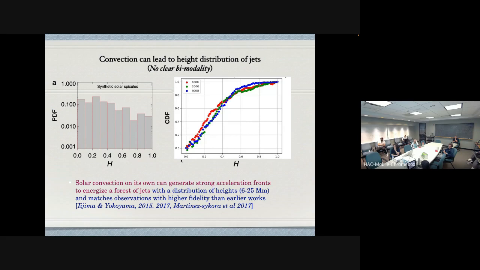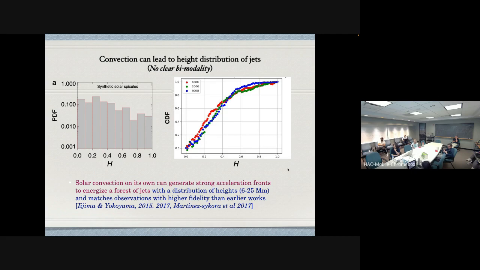And then we plot a cumulative distribution function, which is basically the integration of this PDF over a normalized height. So it's not the exact height, but we have normalized this height here. And then you see that independent of the magnetic field, the cumulative distribution function looks the same.